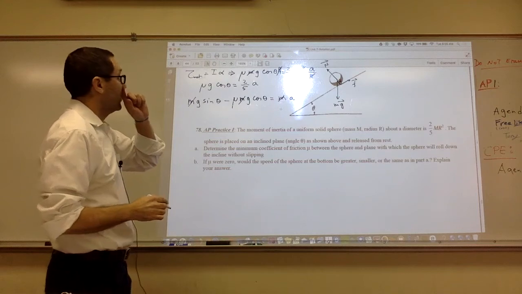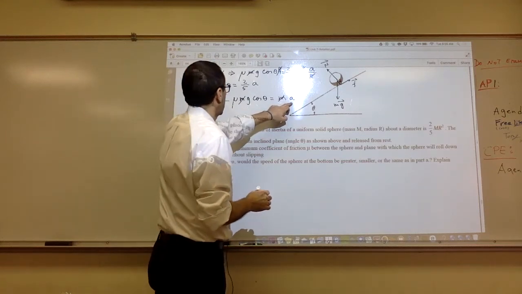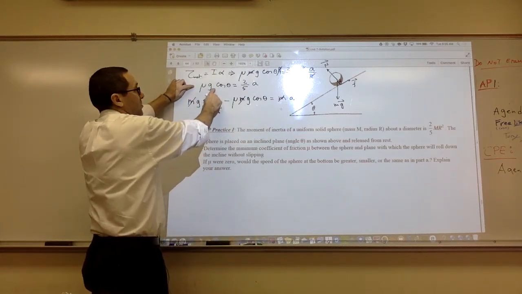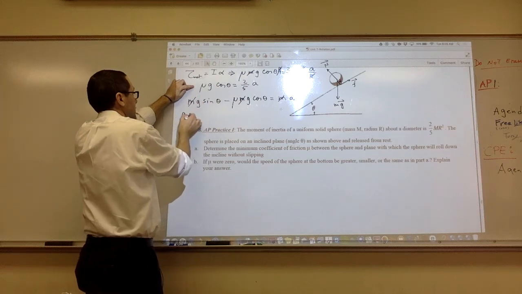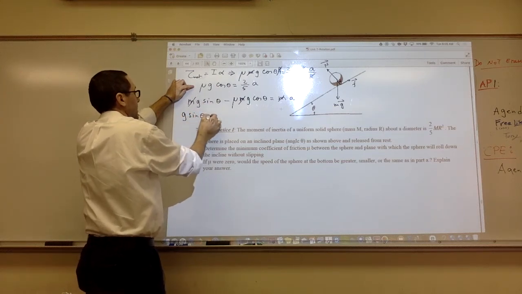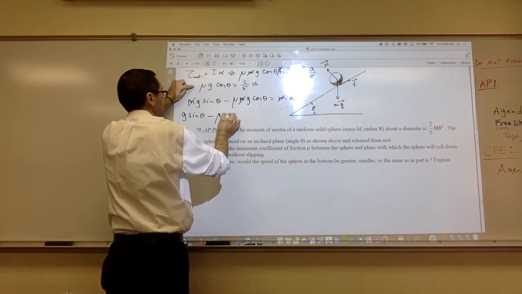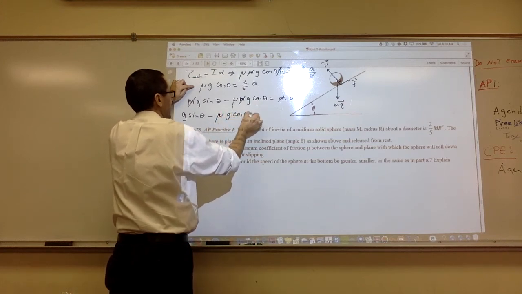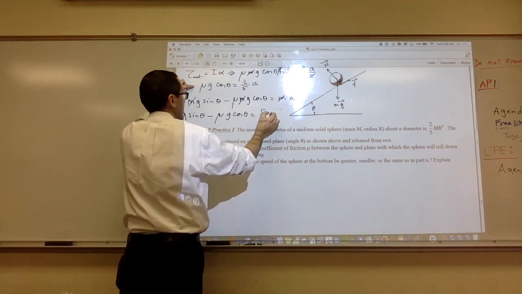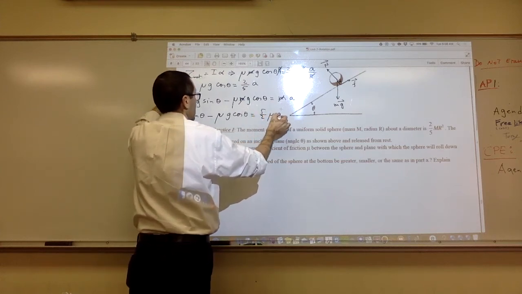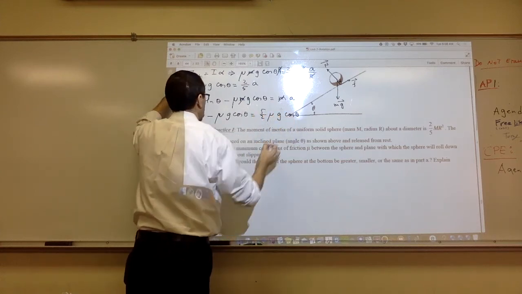Now I'm going to replace a from this equation here. So it should look like this: g sine theta minus mu g cosine theta equals 5/2 mu g cosine theta.